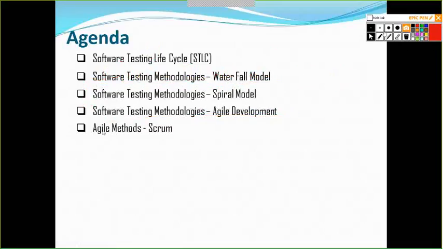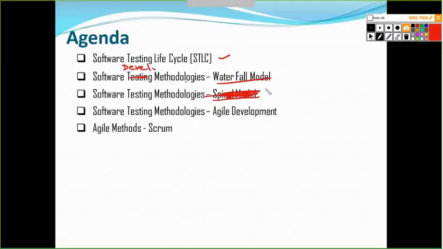So in this program, we are going to see software testing life cycle. We are going to see the software development methodology called waterfall model. Then we are going to see spiral model. I have taken out spiral model, so we are not going to see spiral model in this curriculum. I have revamped the program.